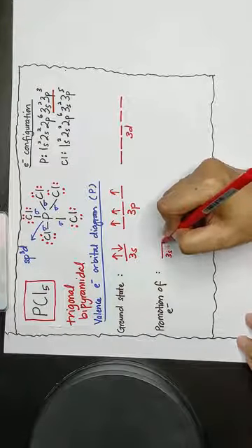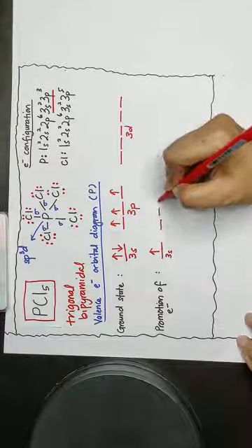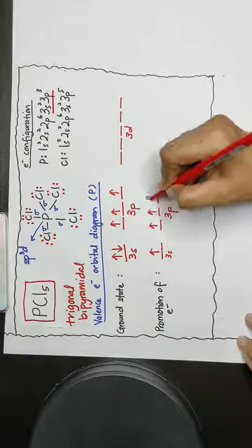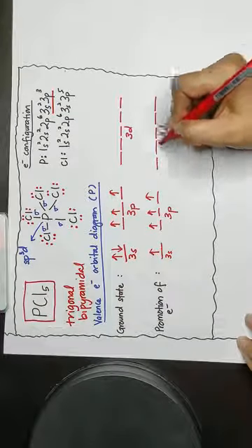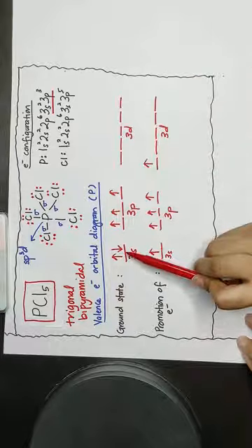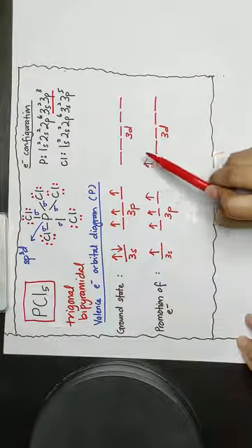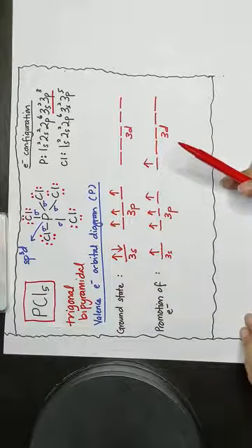In 3s, only 1 electron is left, because 1 electron is promoted to the 3d orbital. So 1 electron of the 3s orbital is promoted to a 3d orbital. Now we have 1, 2, 3, 4, 5 unpaired electrons.